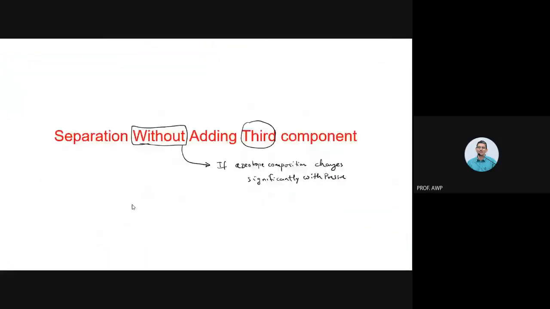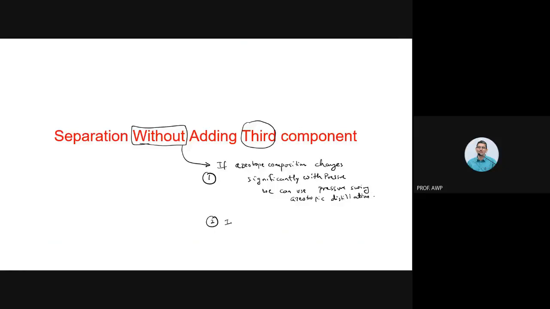If the azeotrope composition changes significantly with pressure, then we can use pressure swing azeotropic distillation, meaning two columns operating at different pressures.